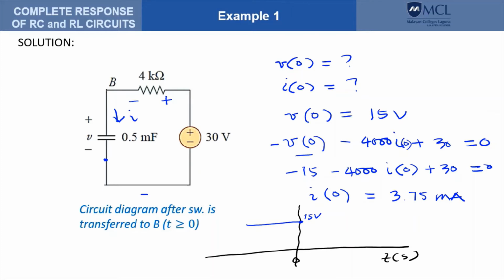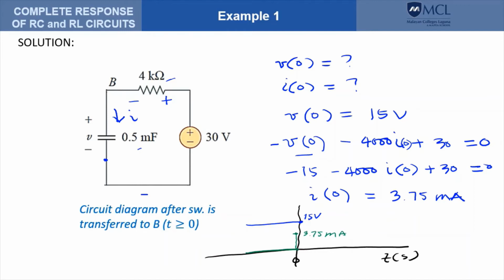After that, it could either go up or go down, depending on the capacitance of the capacitor and the resistance here. For the current, it started at 0 and then it jumps at t equals 0. So let's say it jumps to 3.75 milliamperes.